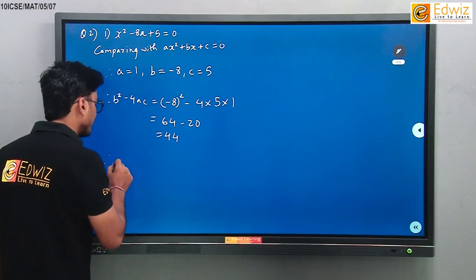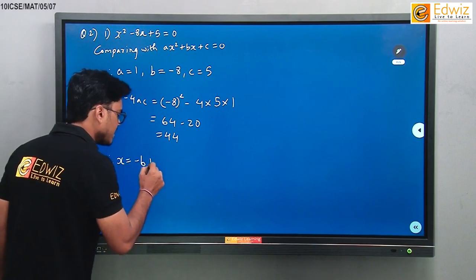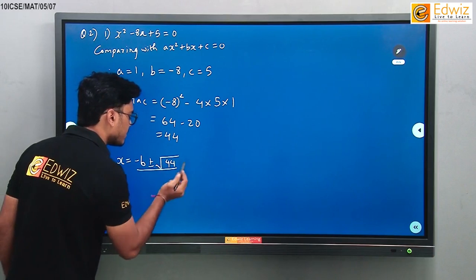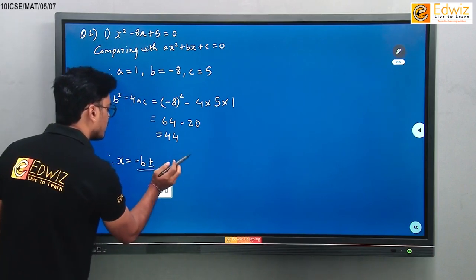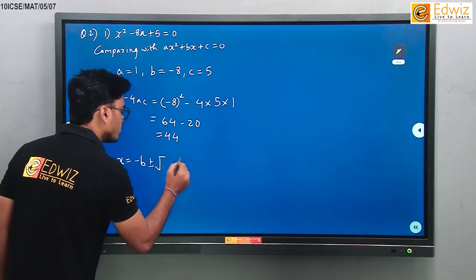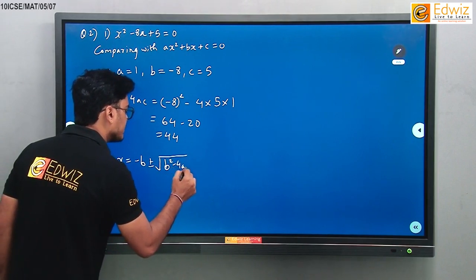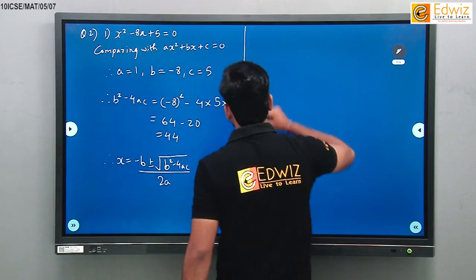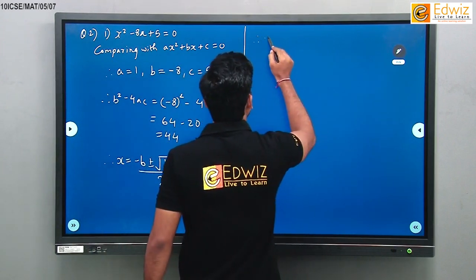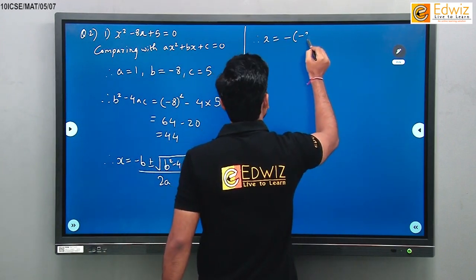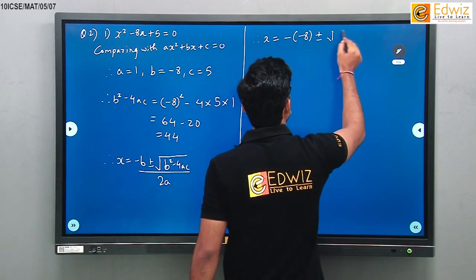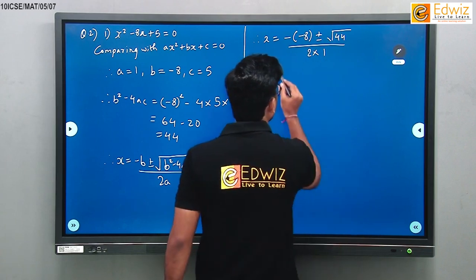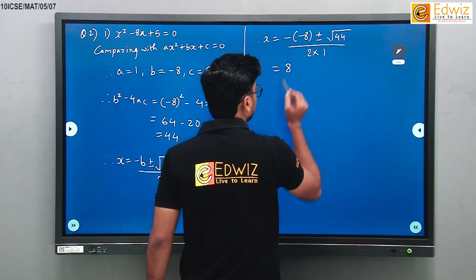Now let us go to the value of X equals minus B plus or minus square root of B square minus 4AC divided by 2A. Substitute the values. X will be equal to minus of minus 8 plus or minus root 44 divided by 2 times 1. Okay, so minus of minus 8 is positive 8.